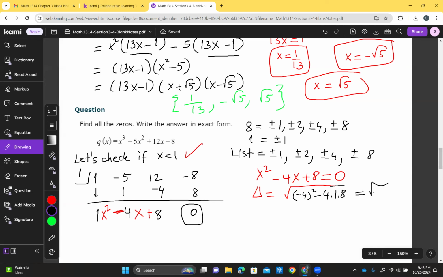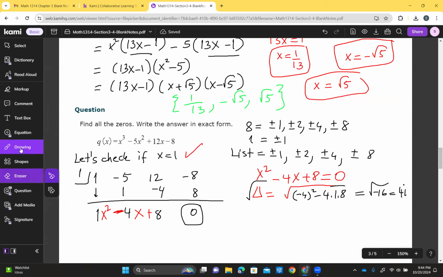No wonder. So the delta is a negative number, which gives me a 4i when I take the square root of the delta. Delta is actually without the square root sign, and if we want to find the square root of delta, we just take the square root of this number, which is 4i. Okay.